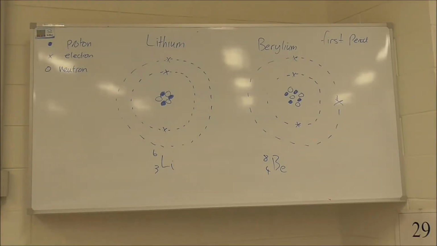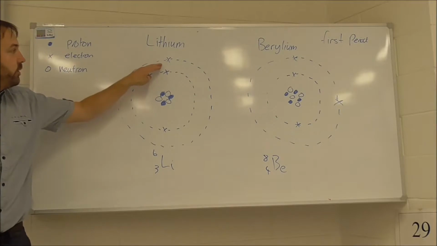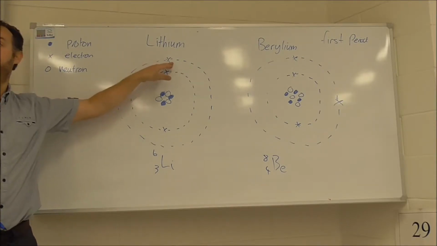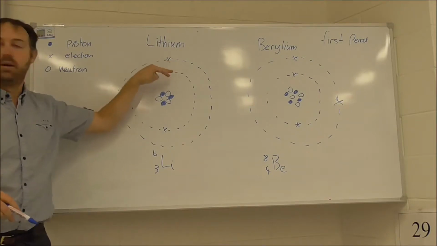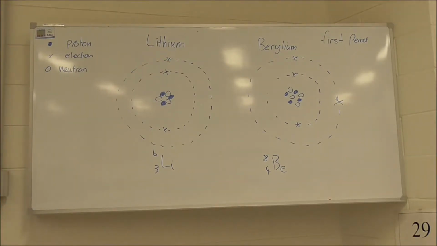When we got to lithium, we went to a new row. That new row was because we've now gone to a new shell for a neutral atom. So the number of shells is equal to the period that it's in.